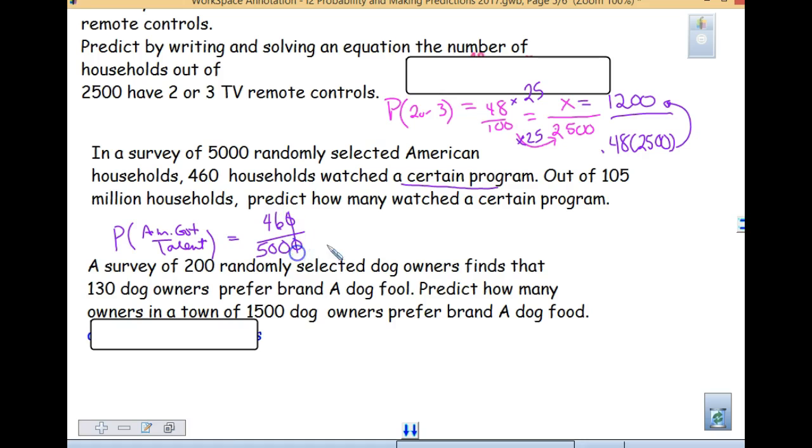Can we easily simplify this? This is 46 over 500, right? We could probably simplify it more. What decimal am I talking about? Put it in your calculator. Is it even 10%? No, comes out to be what? What do you have on your calculator? Who has a calculator?